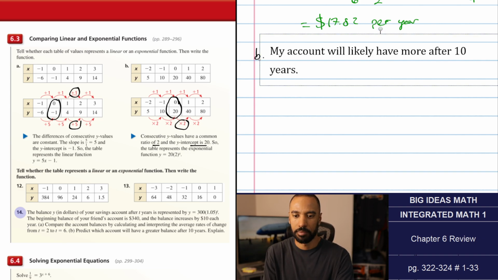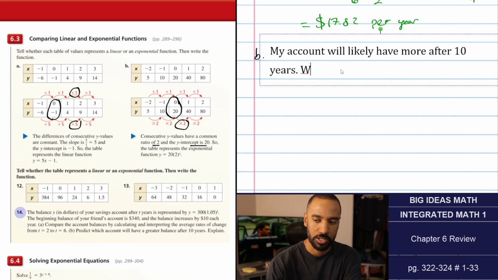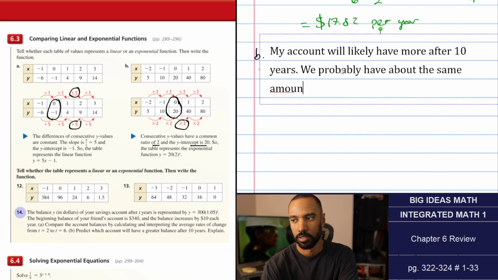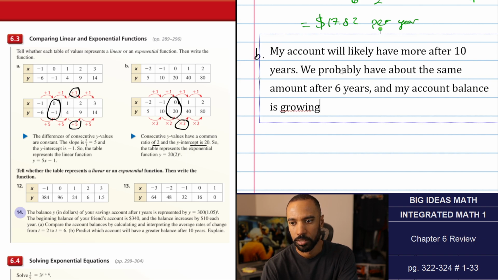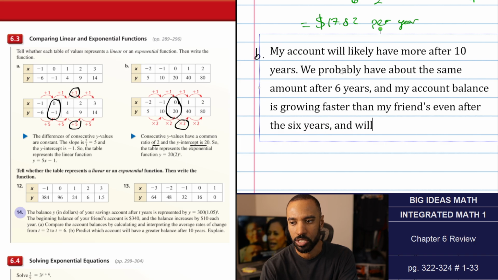So keep in mind that we probably have about the same amount after 6 years, and my account balance is growing faster than my friend's even after the 6 years, and will continue to grow more thereafter.